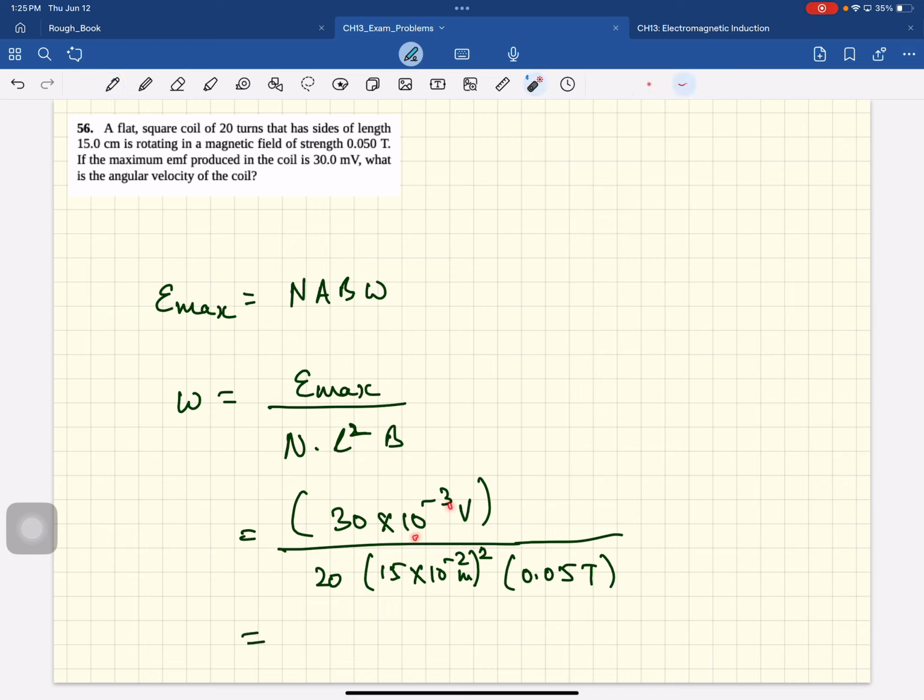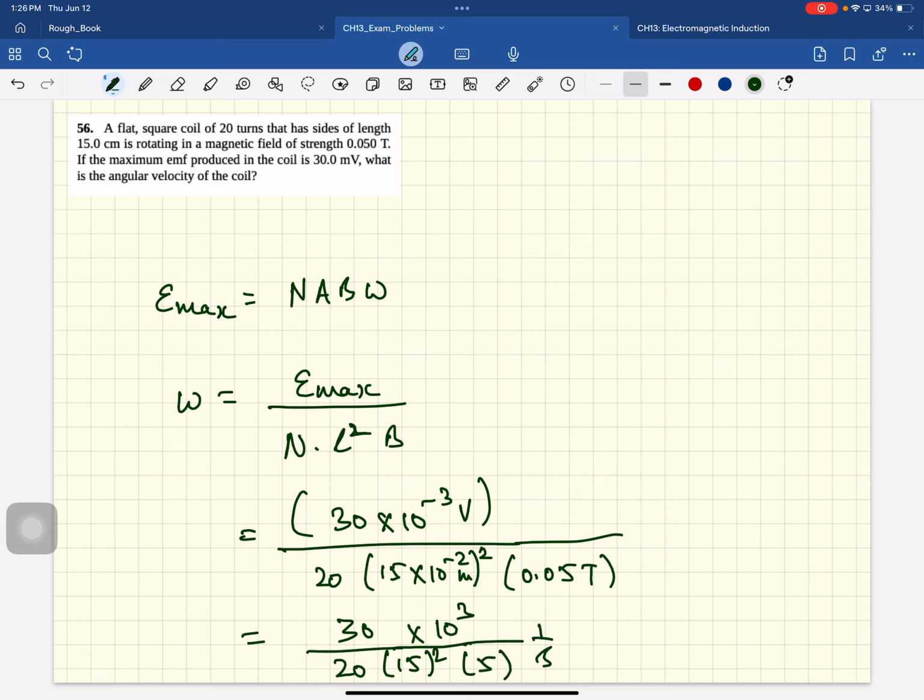That's 10 to the minus 3, 10 to the minus 4. So you get a 10 there, and then this is 10 to the minus 2, and that becomes 10 to the 3. So this is 30 into 10 to the 3 divided by 20 times 15 squared divided by 5.